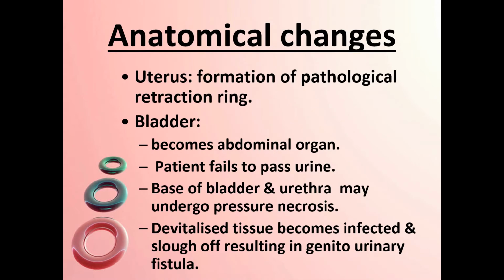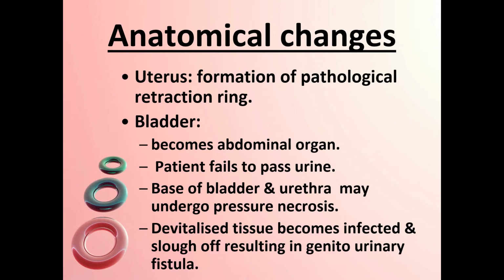Now what happens when a woman goes into obstructed labor? Let us imagine a woman with, say, cephalopelvic disproportion, and the labor is not going as planned. Now what are the anatomical changes? The uterus, as we know, the upper segment contracts more strongly than the lower segment.